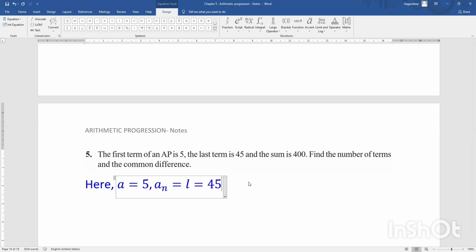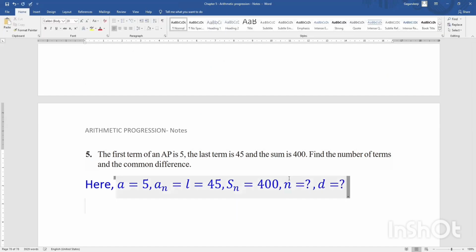Okay, and then we have Sn equal to 400, and then we need to find out the number of terms, so n equals question mark, and d is also question mark. That's the common difference, which we also need to find out.